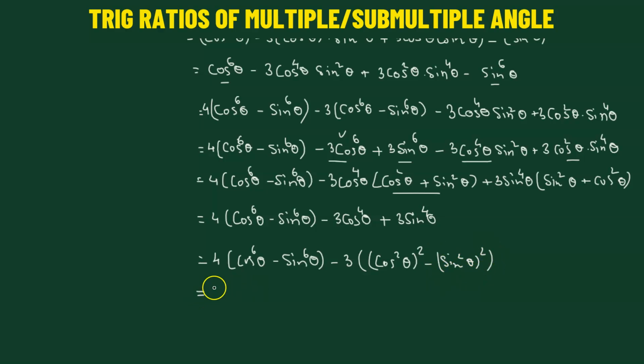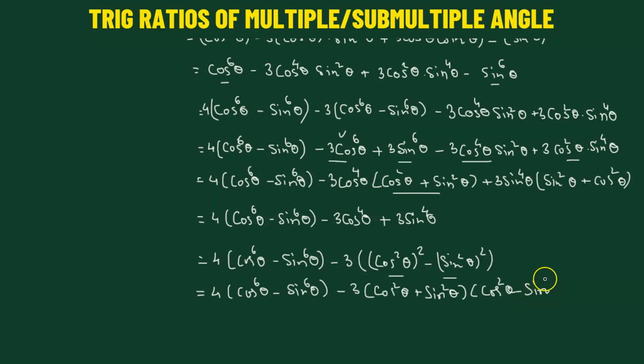Now, we have 4 times cosine theta whole raised to the power of 6 minus sine theta whole raised to the power of 6, minus 3 times. Now what we have is the difference of 2 squares. So this is going to be cosine squared theta plus sine squared theta multiplied by cosine squared theta minus sine squared theta.